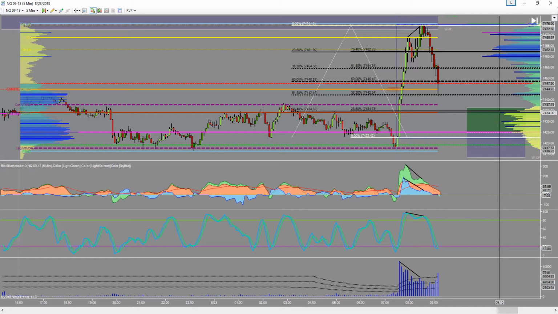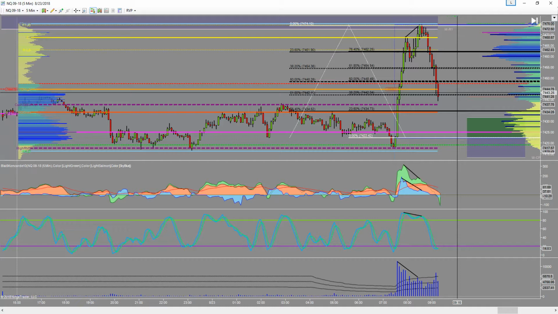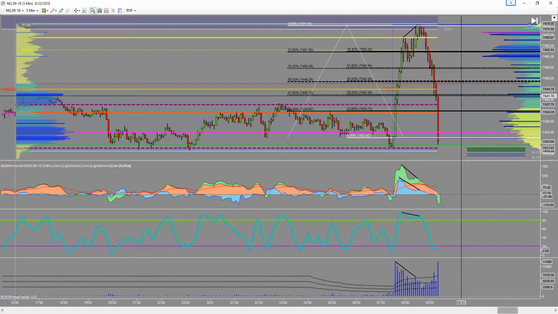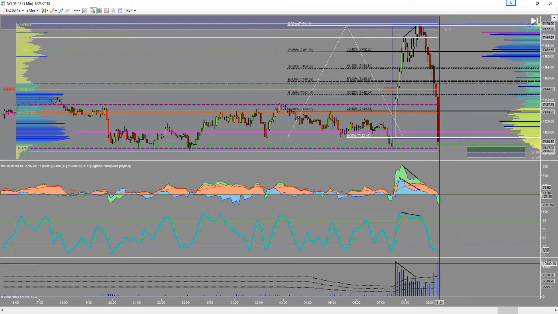Here, very high volume. Here, here, and here. So it didn't hold there, and it went also to test the 61.8%, but this volume level was like 75% of all those upper levels. So then we have this pretty hard move with high volume.